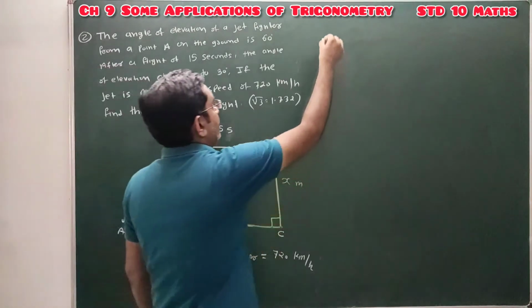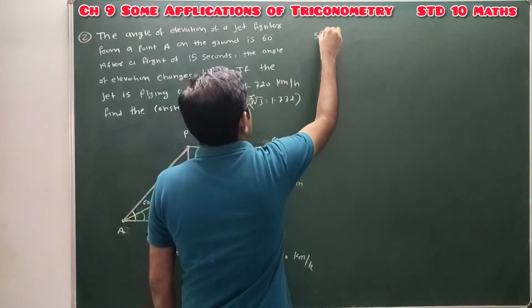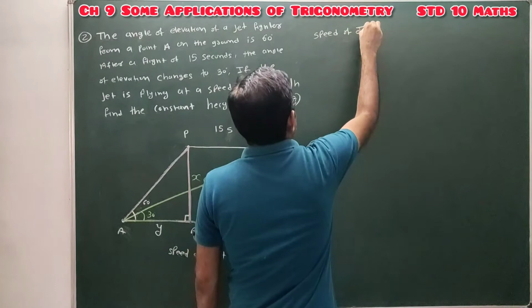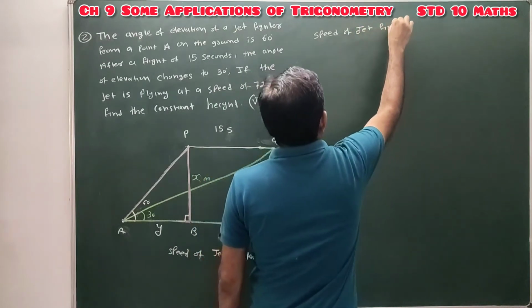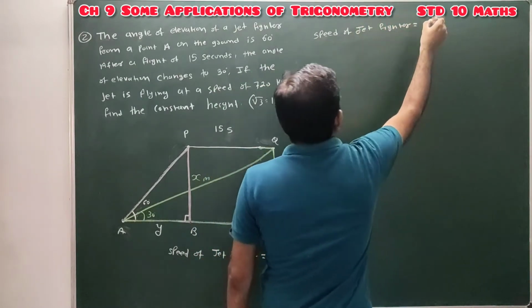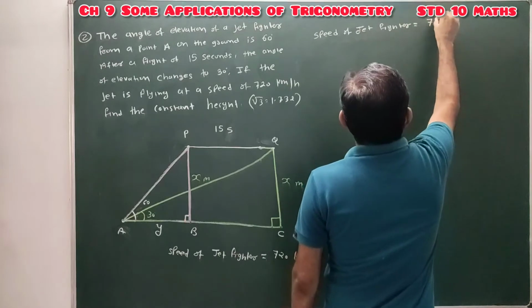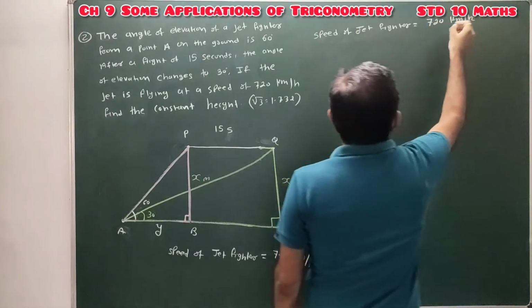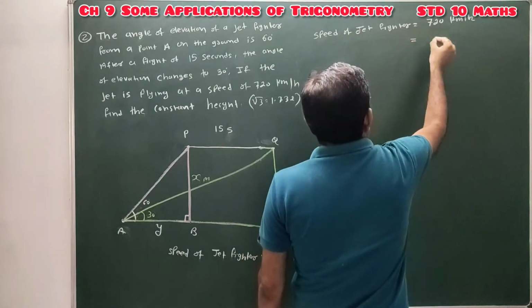So here speed of jet fighter is equal to 720 km per hour. So that can be converted into meter per second.